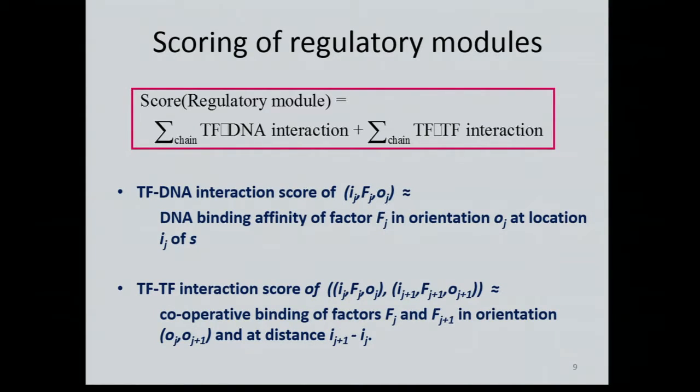We have scores for factor to DNA interaction and factor to factor interaction, and the total score of a chain of individual motifs is just a sum of, if you like, affinities of factors to bind to DNA plus affinities of successive factors to bind to each other.